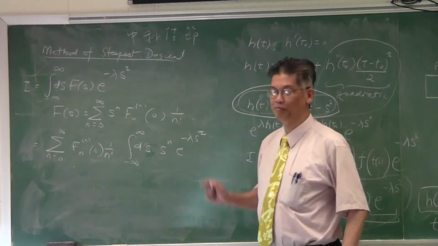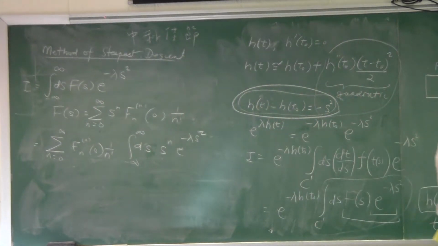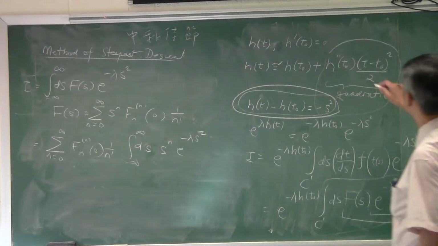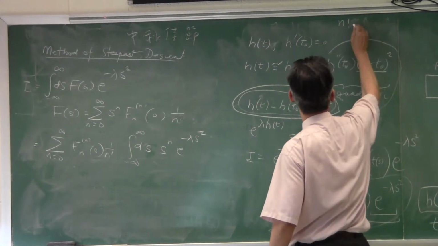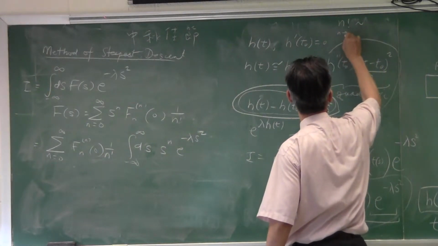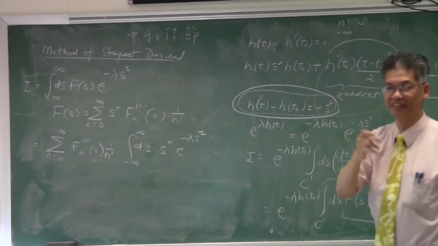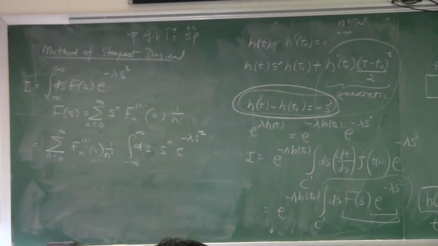N factorial is a very powerful number. It's almost like n to the n when n is very large. What is the formula for n factorial when n goes to infinity? Stirling's formula. Does anybody remember Stirling's formula?